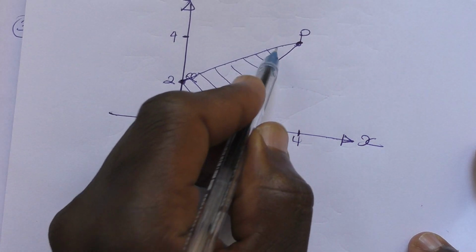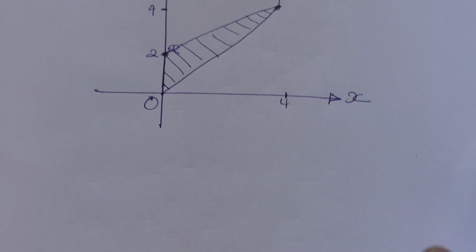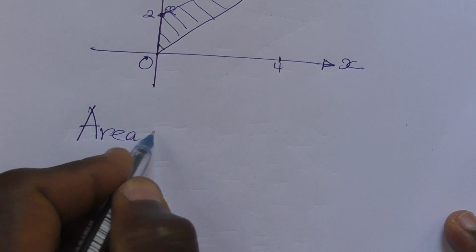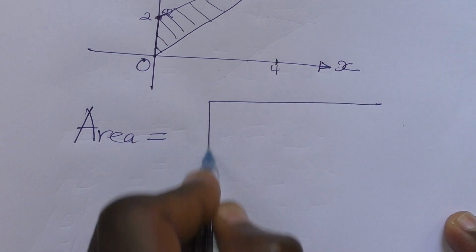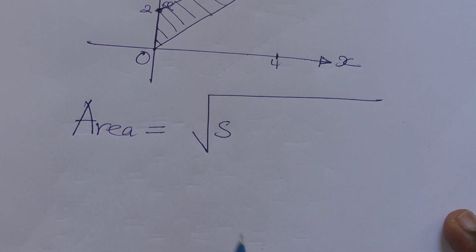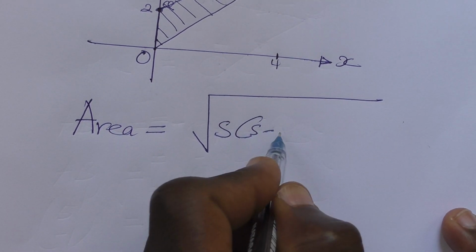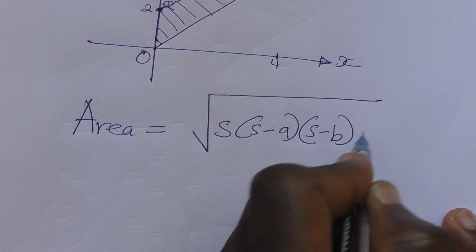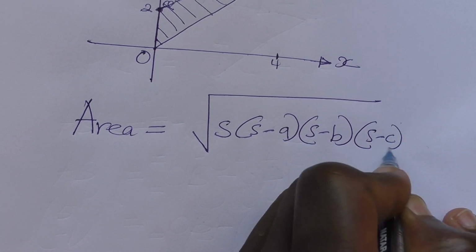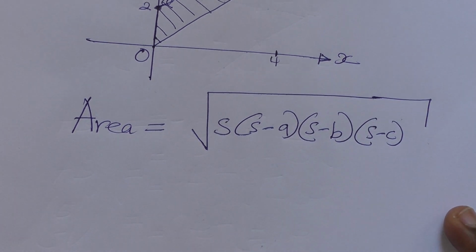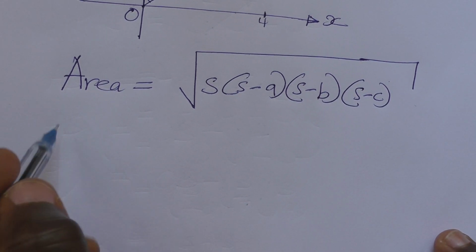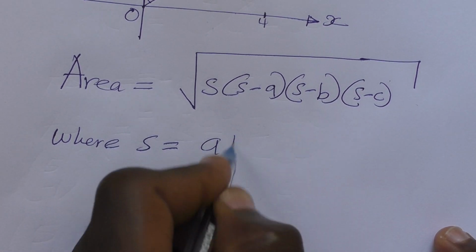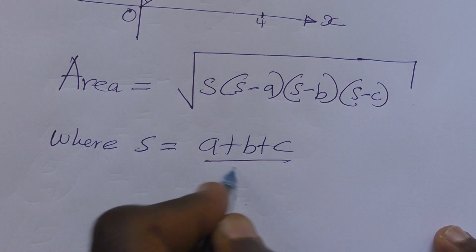So they want the area of OPQ. So this area can be got by the Heron's formula, which says that area equals the square root of S into S minus A, S minus B, S minus C, where S equals A plus B plus C over 2.